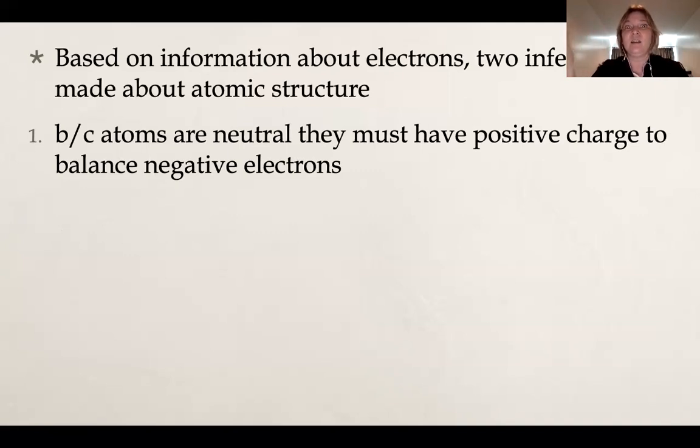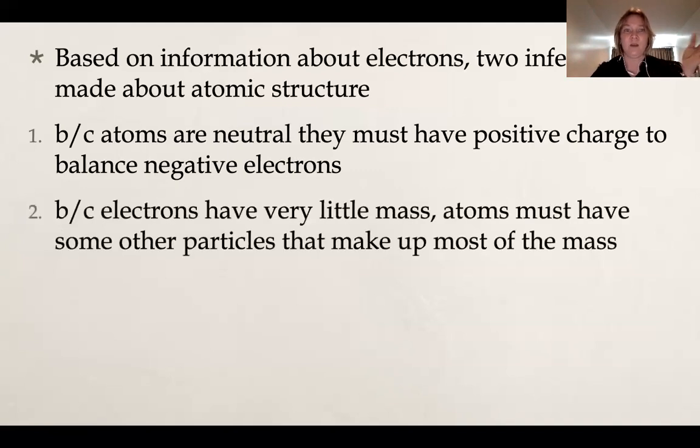Because if we identify electrons as being negatively charged and electrons are particles within an atom, then that means that there's other particles within an atom that have a positive charge, because atoms overall are neutral. The second observation or inference that we can make based on the observations that we looked at is that because electrons have very little mass, atoms have to have something else in them that makes up most of that mass.